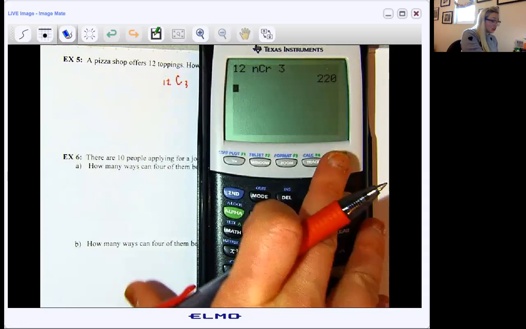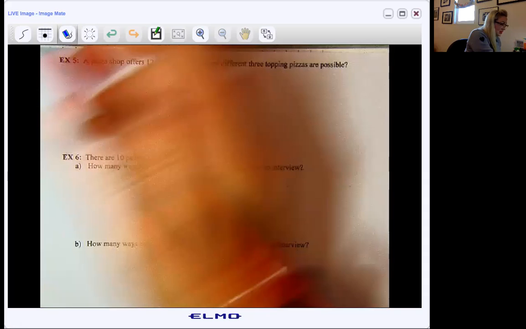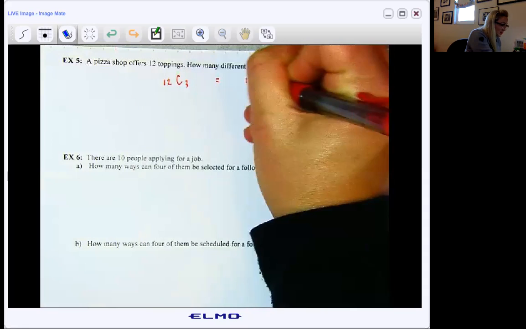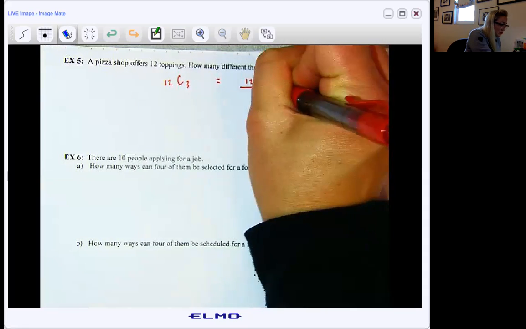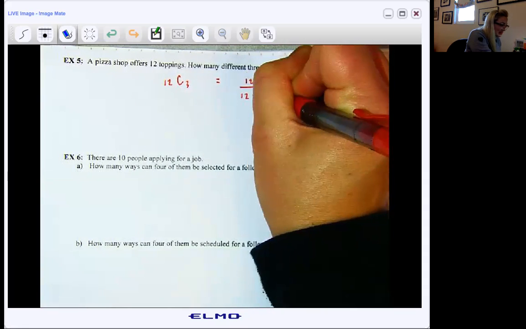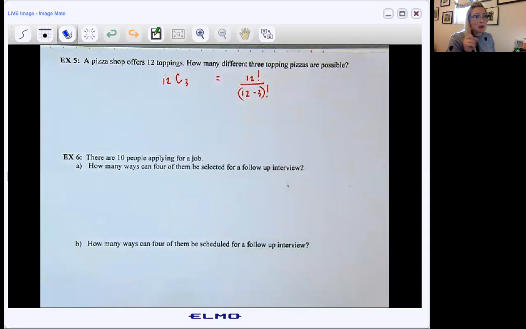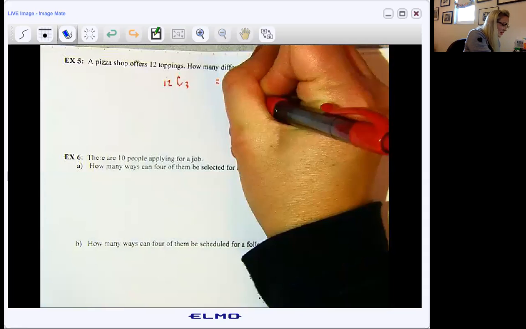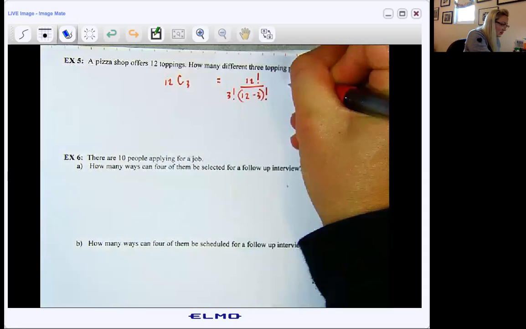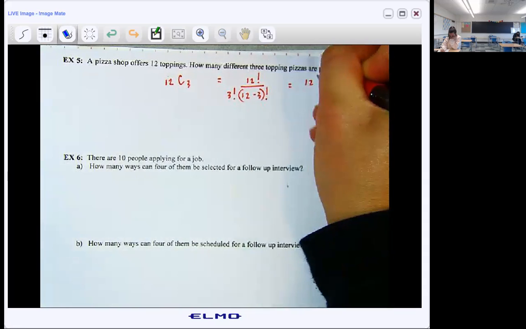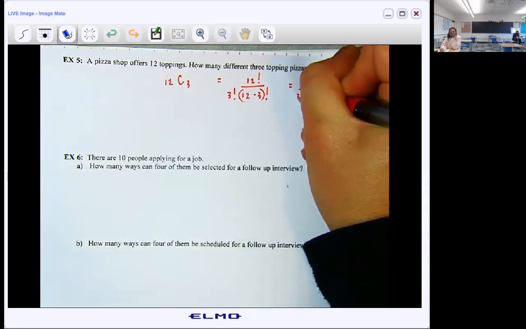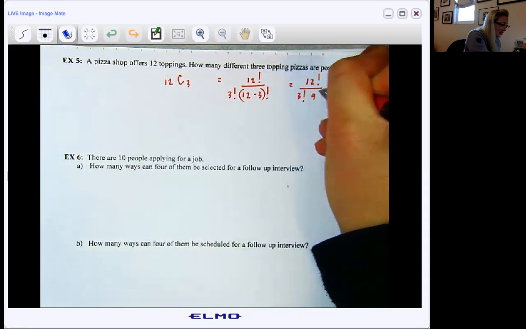Okay, if I was doing it longhand, I'd be saying 12 factorial over 12 minus 3 factorial, right? That's what it looks like as a permutation, but I got those duplicate groups of 3. So I have to divide out that 3 factorial as well. So 12 factorial over 3 factorial times 9 factorial.